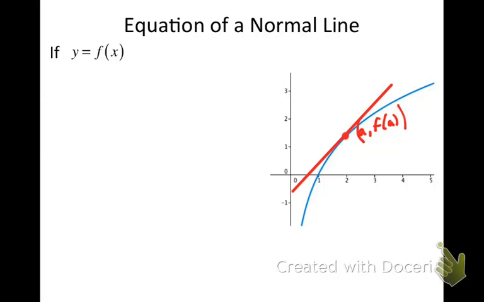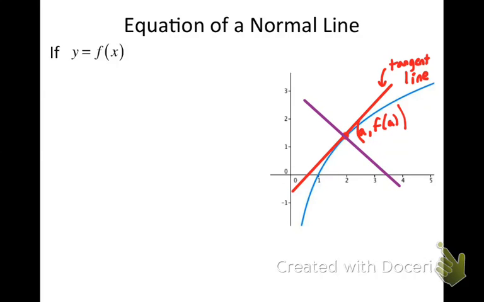And again, that's the tangent line. A normal line is simply a line that intersects a curve and is perpendicular to the tangent line at a particular point. So this would be the normal line to this function y equals f of x at the point x equals a, right here.